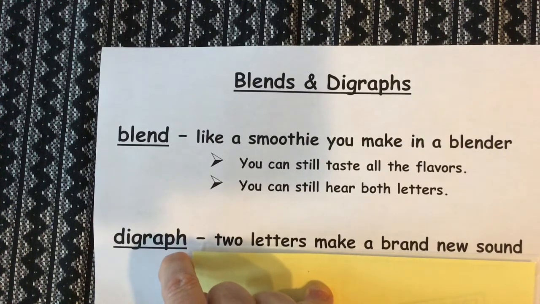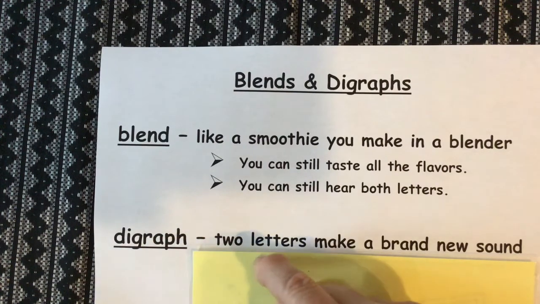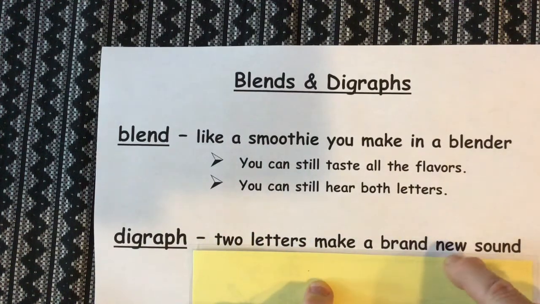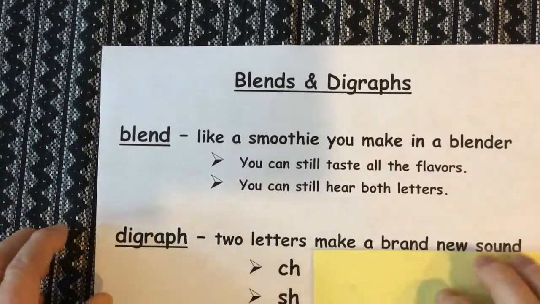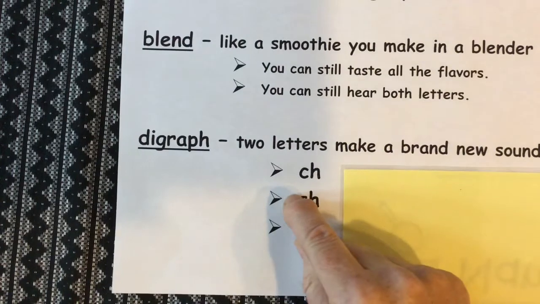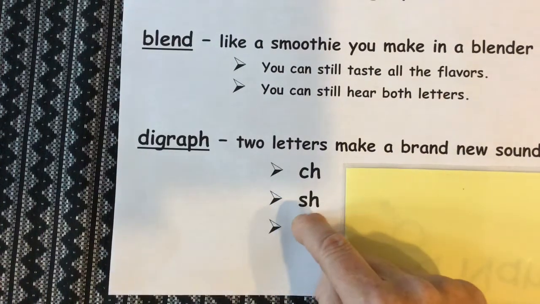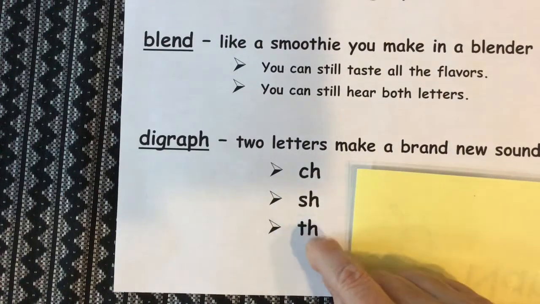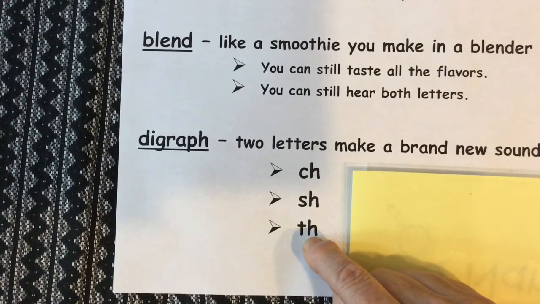We don't use that very much in first grade, but some of you already know it, right? So a digraph is two letters that make a brand new sound. And the most common digraphs that you need to remember for first grade are ch, sh, and th. And th can make two sounds, right? You can go th or you can make it buzz. You can go th.